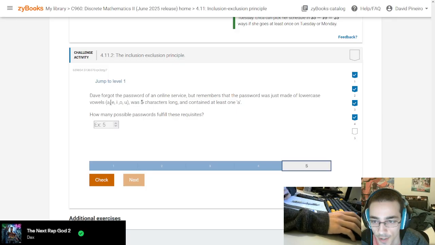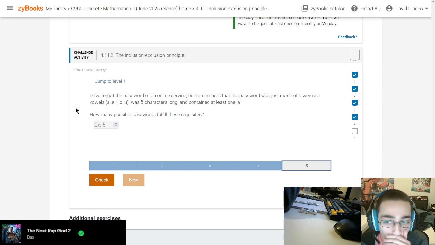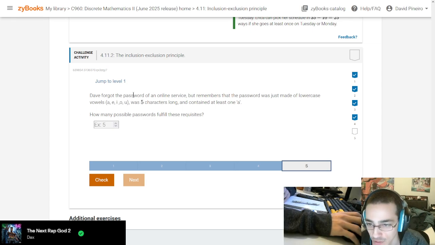So I could calculate the intersection weird thing. Contained at least 1 A. How does that work? Can I just calculate this manually?